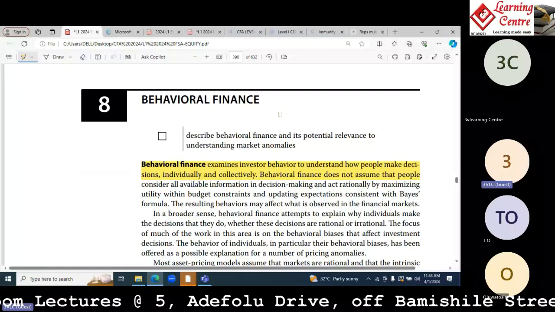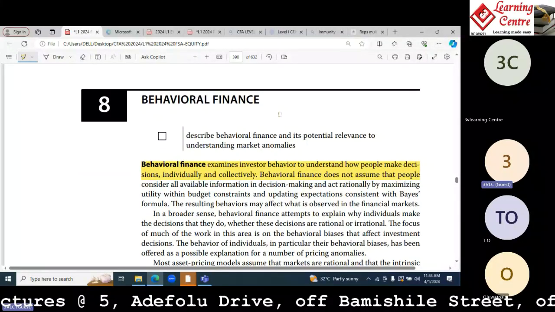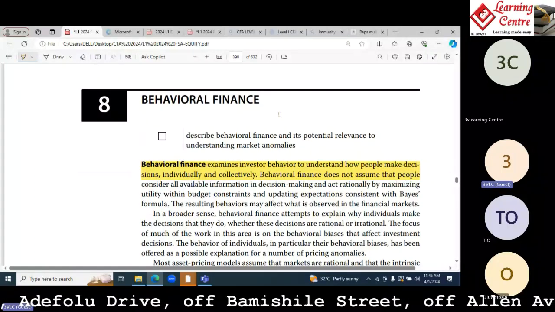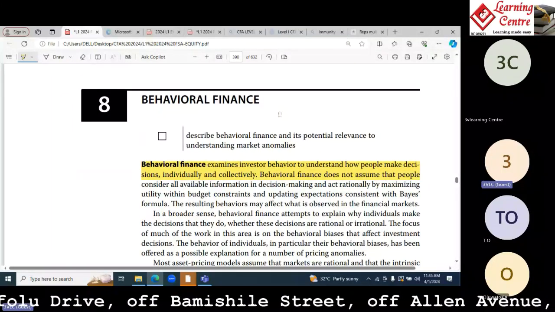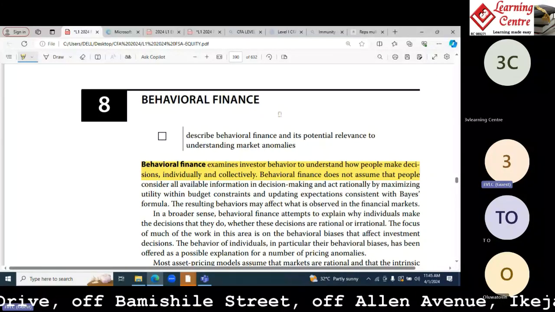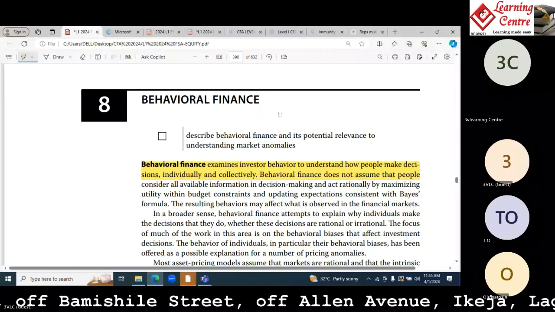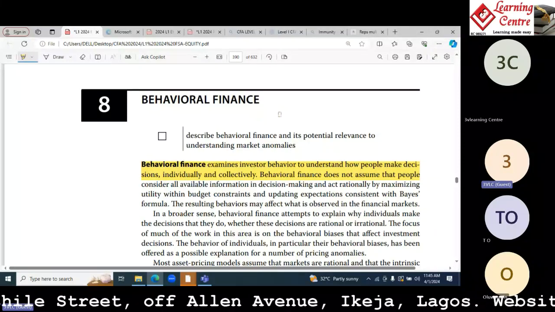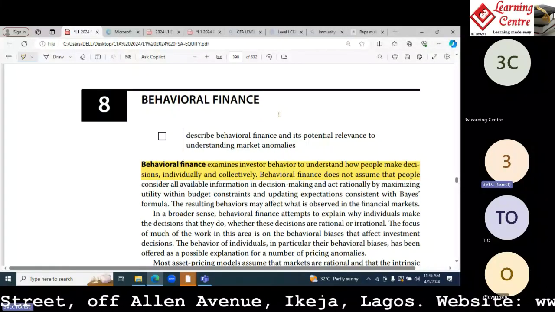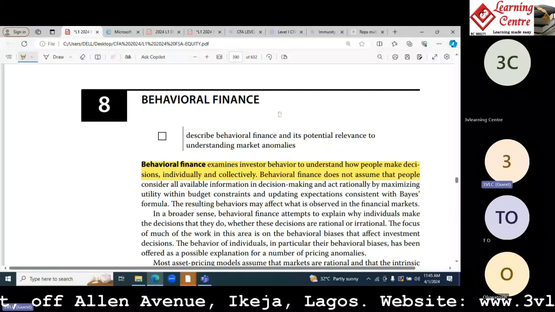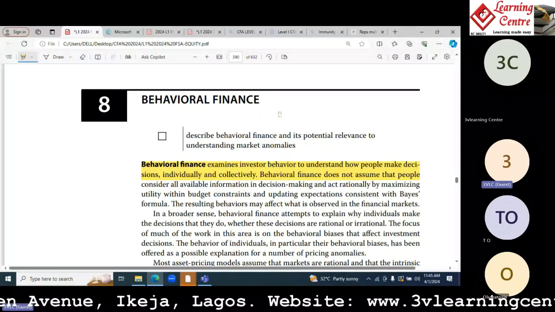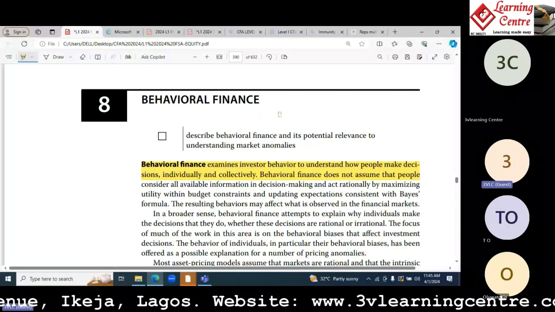act rationally by maximizing utility within budget constraints and updating expectations consistent with Bayes' formula, meaning that there's something we call satisficing, which is you make your decisions based on your conditions. So you always make your investment decision based on your conditions.